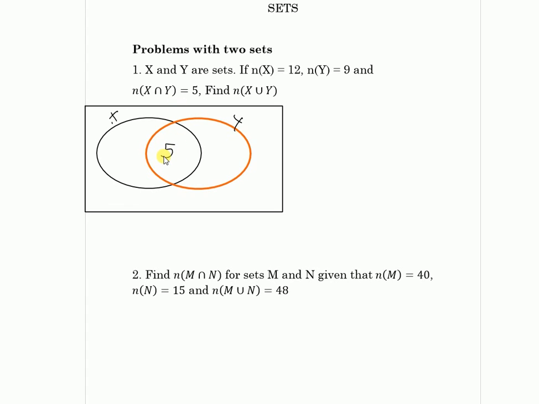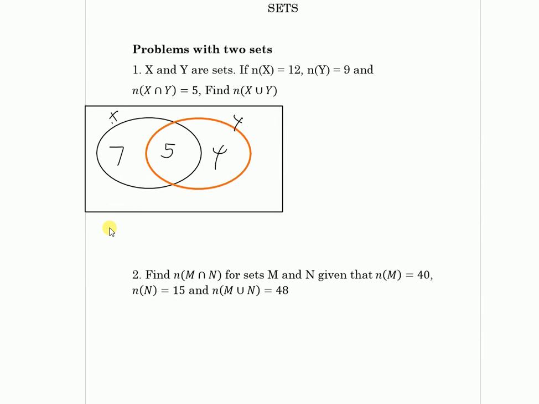If 5 exists in both and x has 12, this one should be 12 minus 5, which is equal to 7. For the y, you have 9, so this one must be 4. That is the Venn diagram for this particular problem.